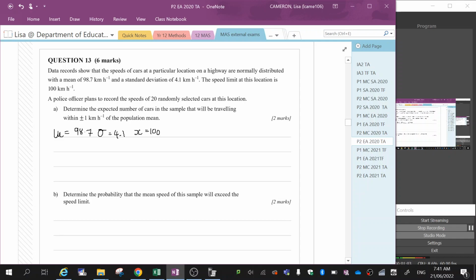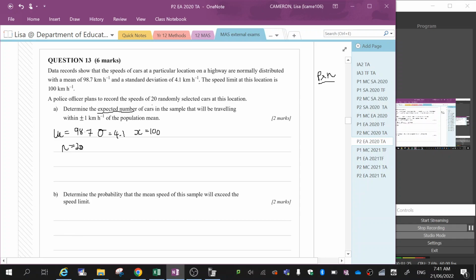A police officer plans to record the speeds of 20, n equals 20, randomly selected cars at this location. Determine the expected number. Now, remember, to find the expected number of something, we do its probability multiplied by how many of them there are.